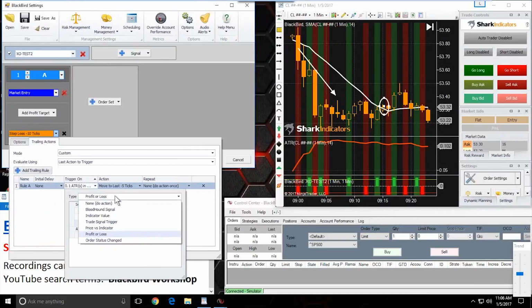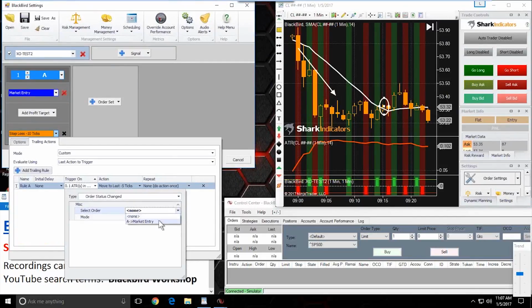And the last one here is order. The order status has changed. So for this trigger, that means you have to have orders on the board. So you have to have a working order in order for this order status to actually do anything.